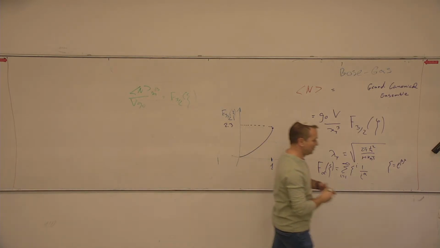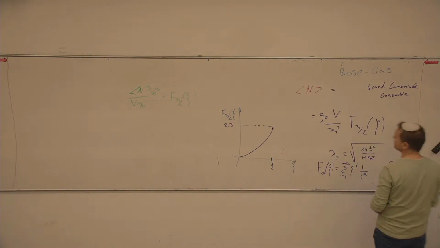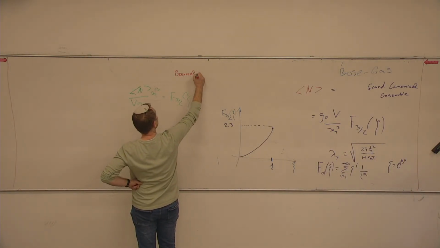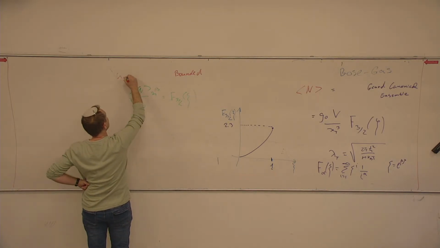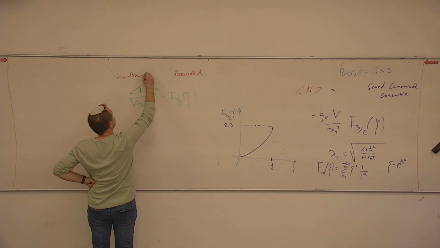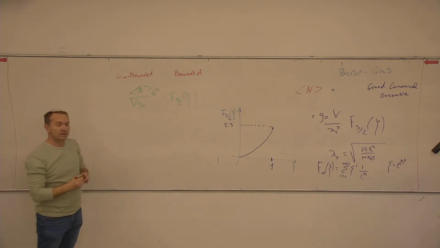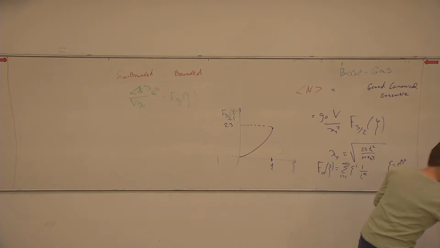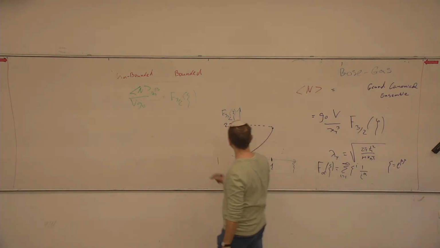Now, this is bounded. This is unbounded. The right-hand side cannot be larger than 2.3.